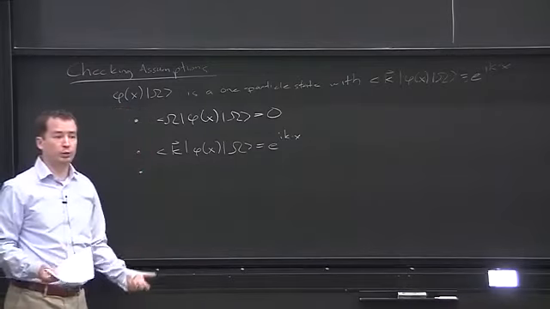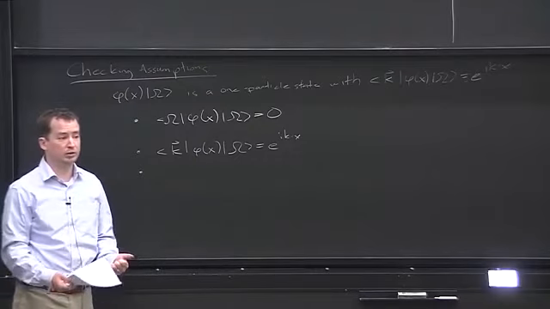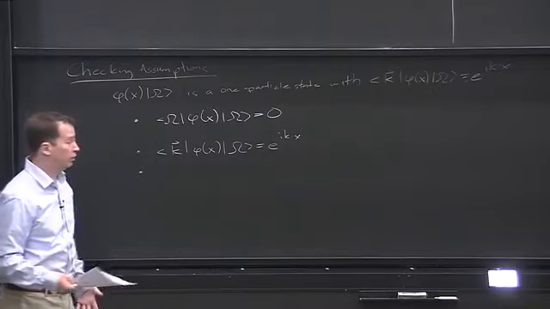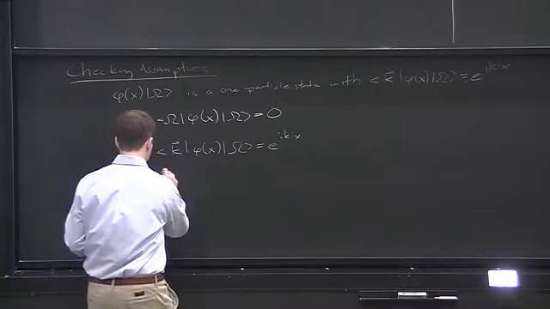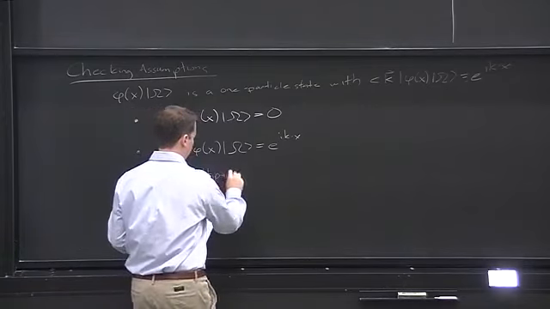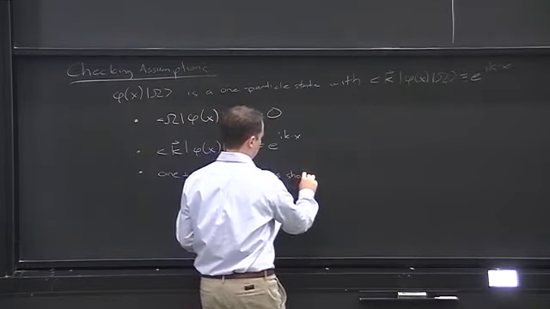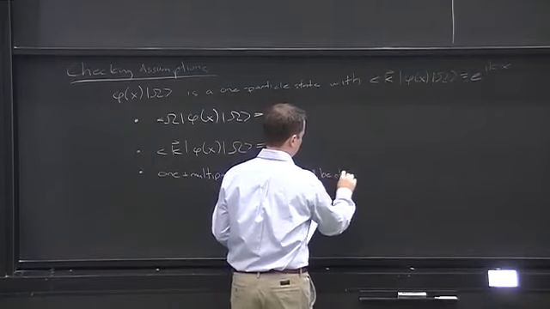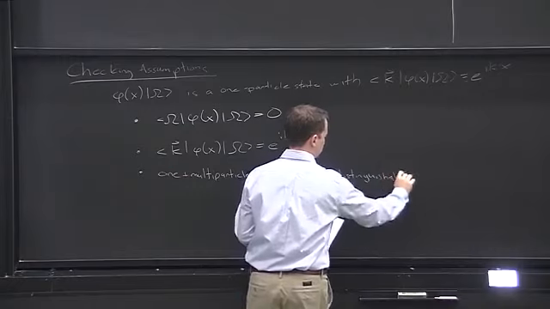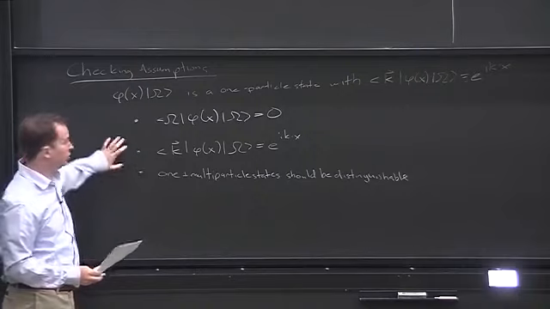The other property one-particle states should have, if we're going to call them one-particle states, is some information that they're not n-particle states with n greater than 1. So one-particle and multi-particle states should be distinguishable in some way.